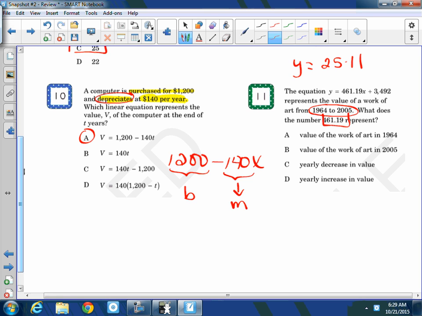So the 461.19 is your slope, which means how much is changing, and your X would be the years, right? As the years go by, the value should increase if this is a famous artist.